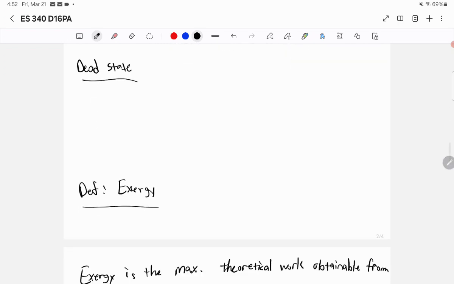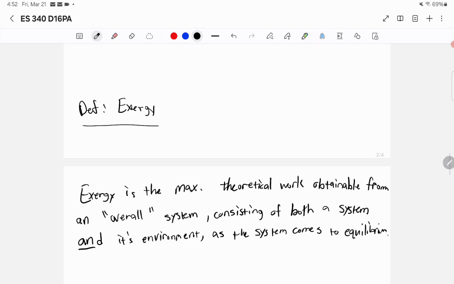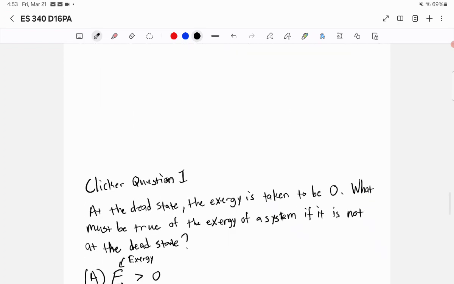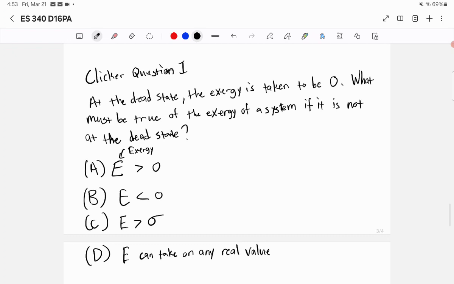So at that point, obviously, the amount of work that could be done is zero, and that will hopefully help us think about the very last thing, which is the clicker question that I have for you. My question is, at the dead state, the exergy can be taken to be zero, obviously, from that previous discussion.